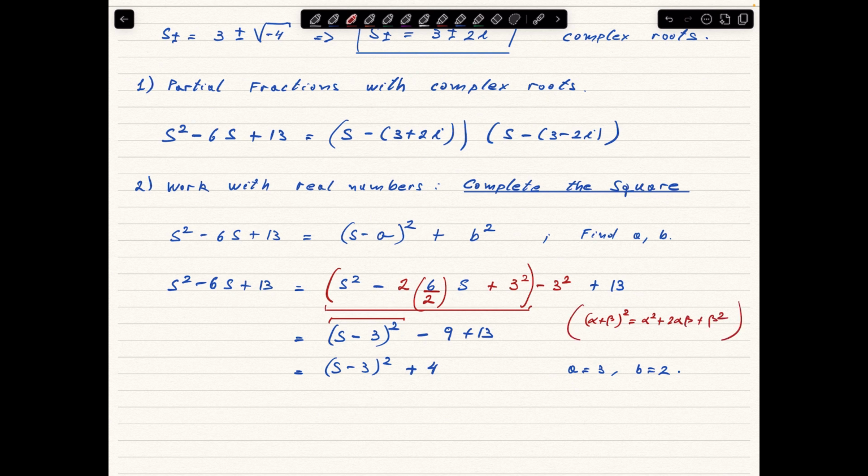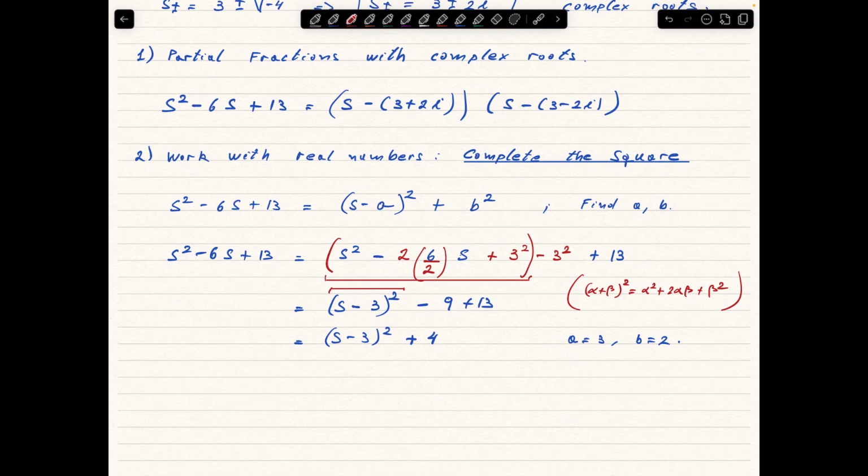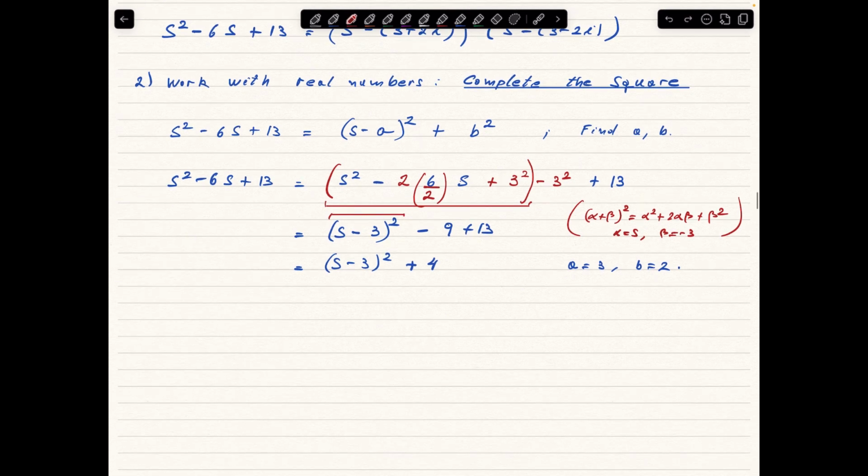So nothing strange going on there. We use this formula with alpha equal s and beta equal -3, and you get that expression here. Okay, so that is our denominator.